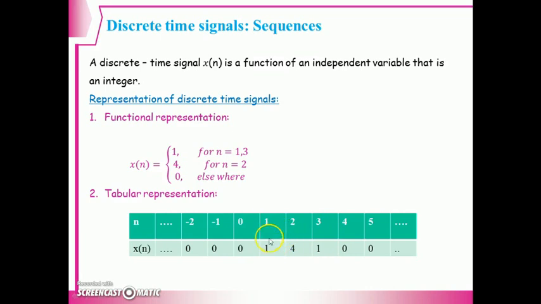Now x of n is 4 for n equal to 2. Corresponding to n equal to 2, we write the value 4. Now the last one, x of n is 0 for all other values. So we populate all other values like n equal to 4, 5, 6, 7, 8, or n equal to 0, -1, -2, -3.